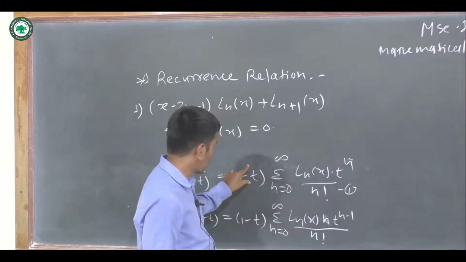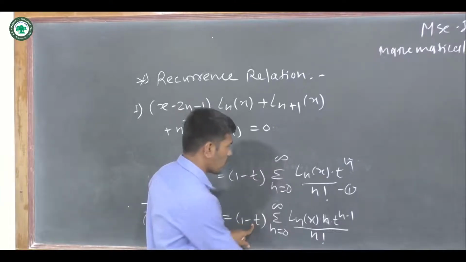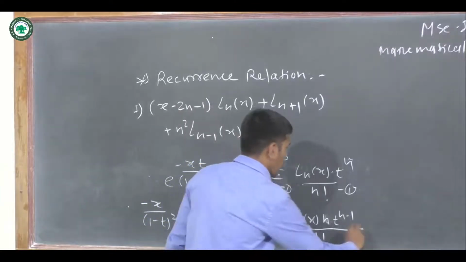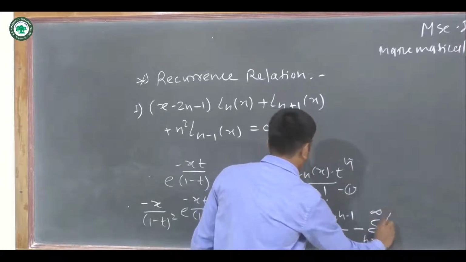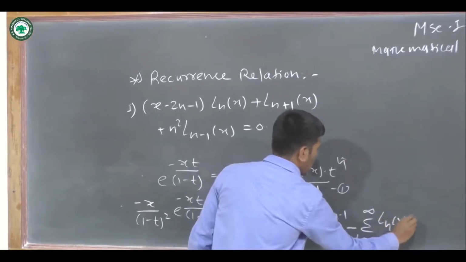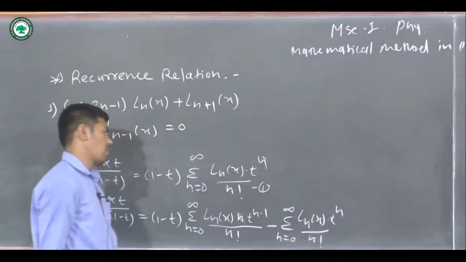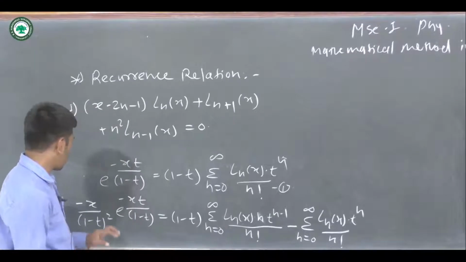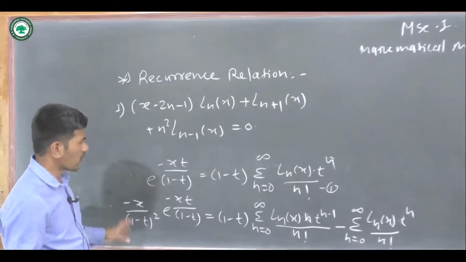Here I am going to use the uv formula. So differentiating, it is minus the summation over n from 0 to infinity of Ln(x) t^n divided by n factorial. After differentiating with respect to t, we have this expression.